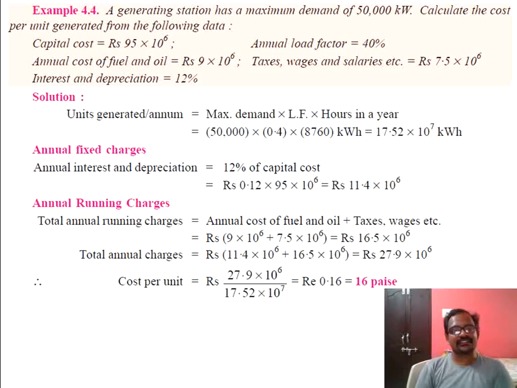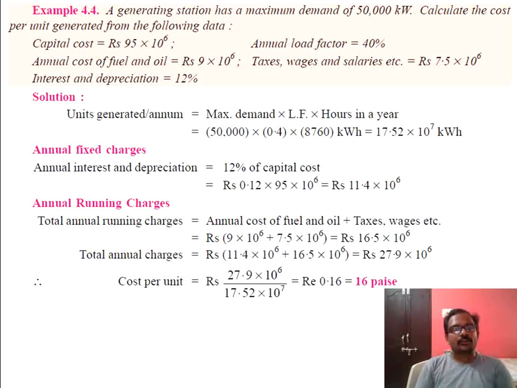Annual fixed charges. What are the fixed charges here? Interest and depreciation is the only fixed charge, and the remaining are running charges, because fuel and oil is a running charge, and taxes, wages and salaries are also running charges. So what are the fixed charges? Capital cost is 95 into 10 to the power of 6, and 12% of this cost is interest and depreciation to be paid by the industry to the bank.